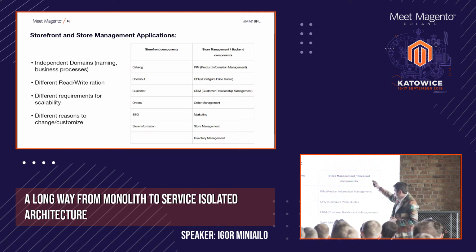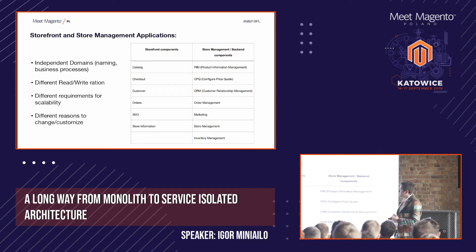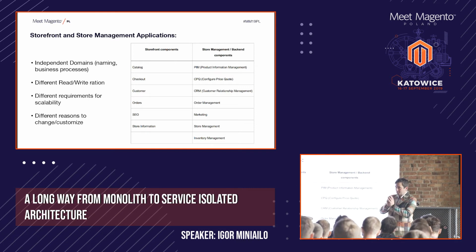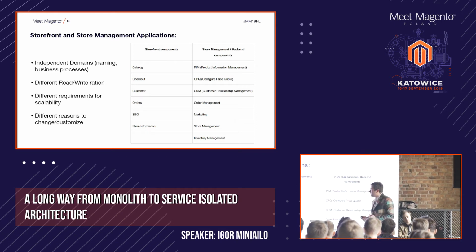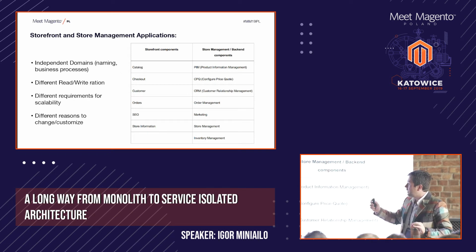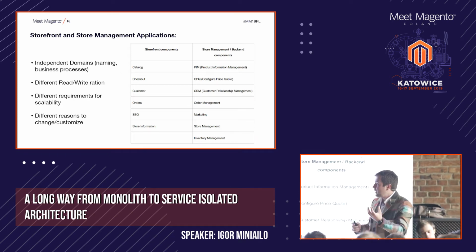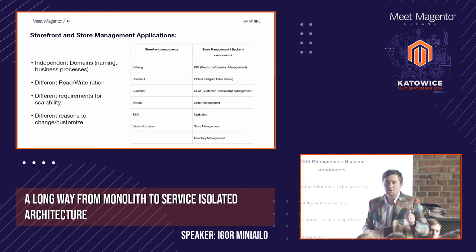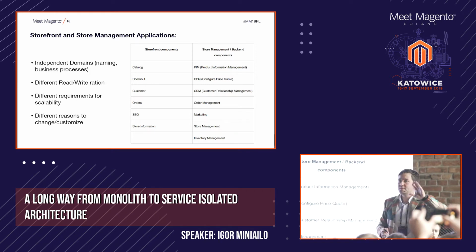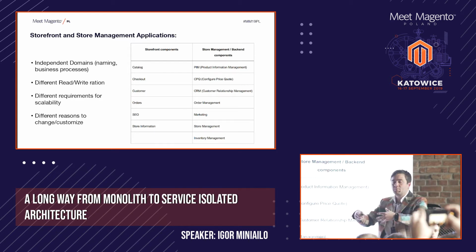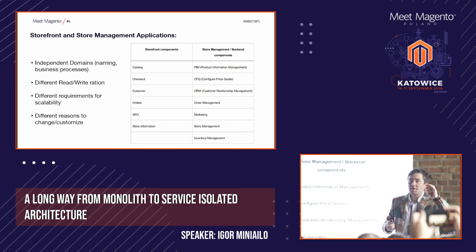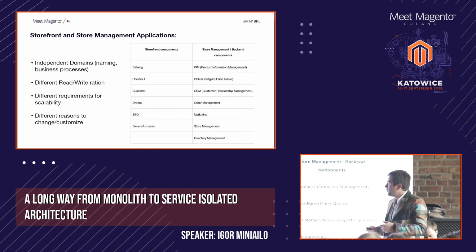And just to validate this idea, if you still have some concern whether the catalog should be split into two different systems, like a catalog and product information management, you may consider that even metrics like the read-write ratio are really different. For example, for the storefront, the catalog read-write ratio is going to be like 98 to 2, I mean 98% for read and 2% for write. While for product information management, for all the operations happening in the Magento admin panel, there is a much higher ratio of write queries.